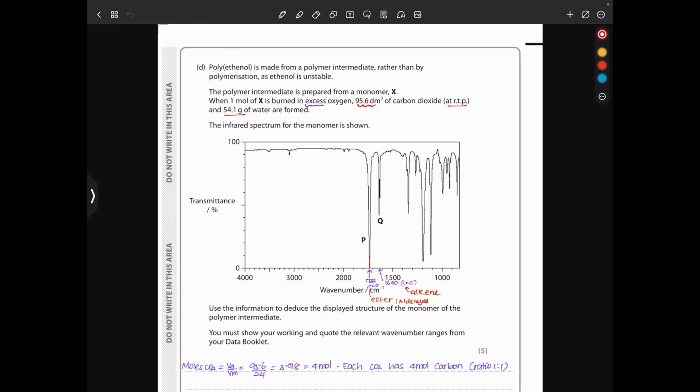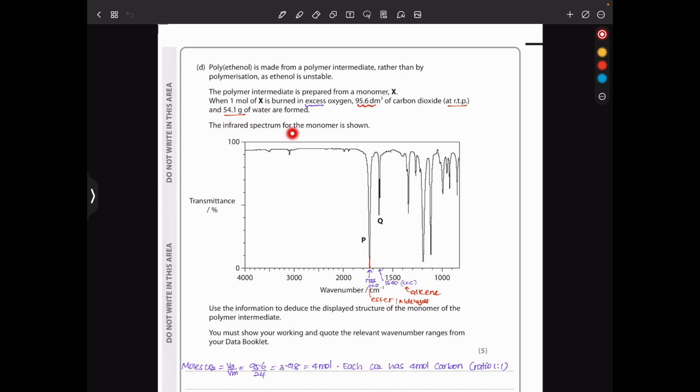Then in part D, they say polyethanol is made from a polymer intermediate rather than by polymerization, as ethanol is unstable. The polymer intermediate is prepared from a monomer X. When 1 mole of X is burned in excess oxygen, 95.6 decimeters cubed of carbon dioxide at room temperature and pressure, and 54.1 grams of water are formed.